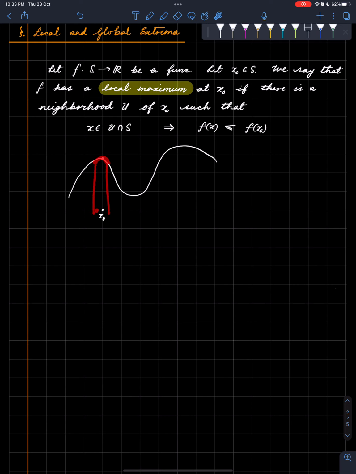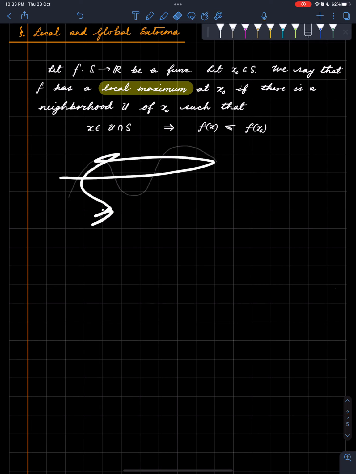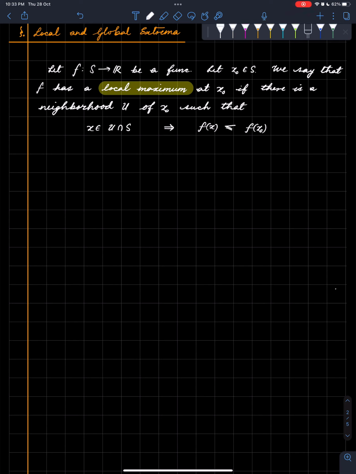So if you take any point in this neighborhood, the value that you get corresponding to that point is at most the value that you get for x naught. So that is a local maxima, this point. And this point, for instance, is not a local maximum, because if you take any neighborhood you want, no matter how small, there are always points which beat the value that f takes on x naught. So this is a local maxima. Okay, let me remove this because it's ugly. So it's a very simple concept.